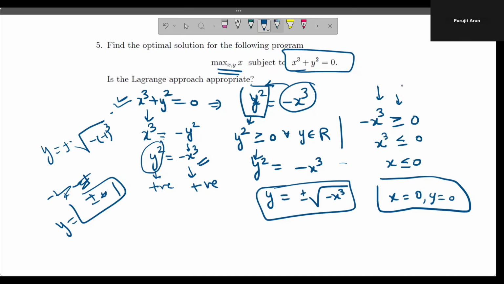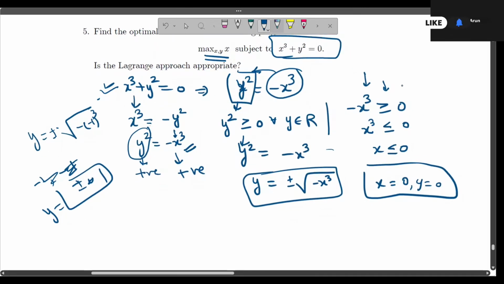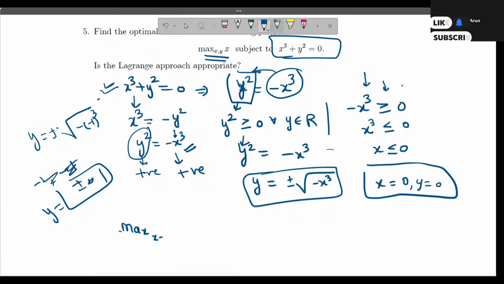Now I need to rephrase the question, which is maximizing x at x0, y0 for x, subject to x cube plus y square equals 0, right? So that means if I substitute any value, the maximum value for this case will be 0, 0 only, right?